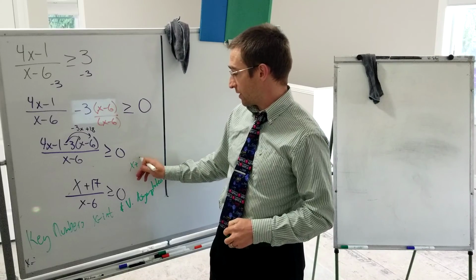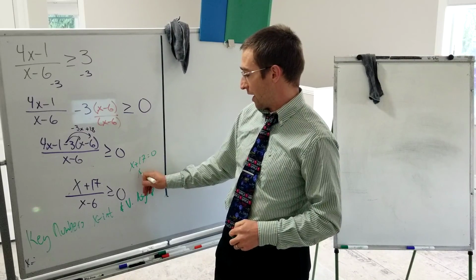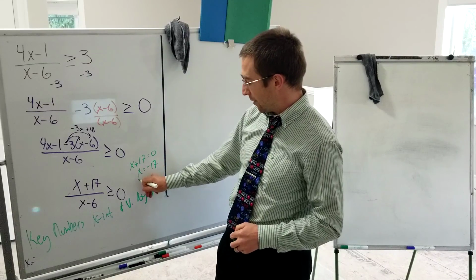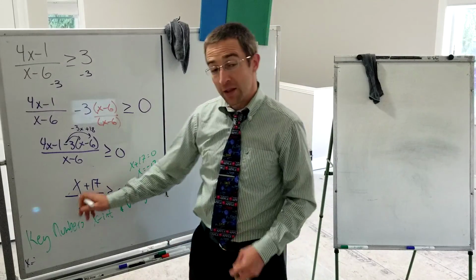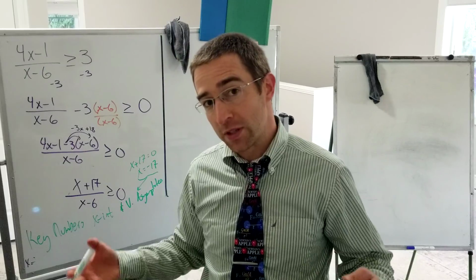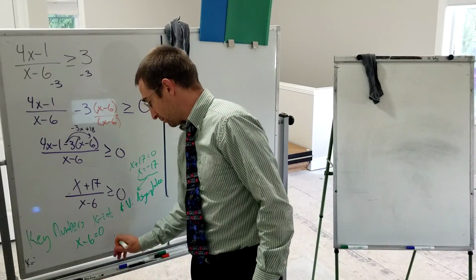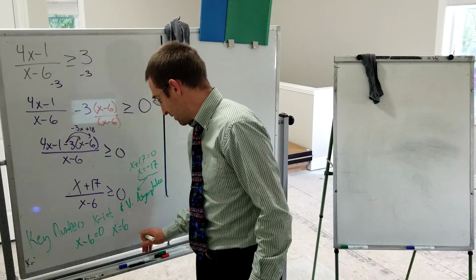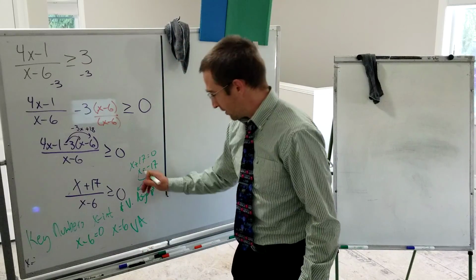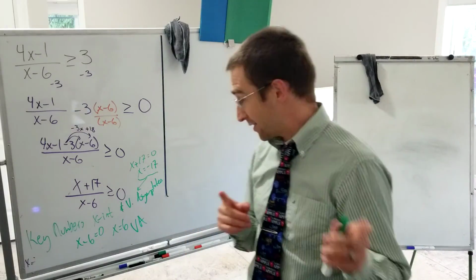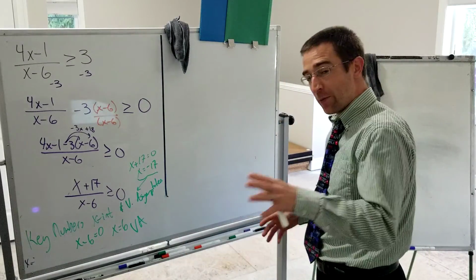So x plus 17 equals 0 when x equals negative 17. That's one key number. The vertical asymptote is going to happen when the denominator equals 0. So x minus 6 equals 0. X equals 6. So that's a vertical asymptote. This is an x-intercept. All right. It gets a little tricky though. So stay with me.